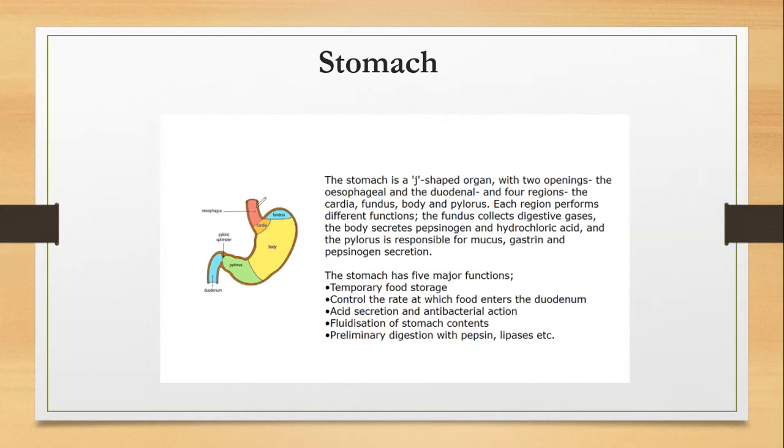Even when you swallow your food and air comes in, it will bubble up and come to the fundus. From there, we have the body of the stomach. And this is where most of the parietal cells, the cells that produce hydrochloric acid, and those that produce enzymes are found.